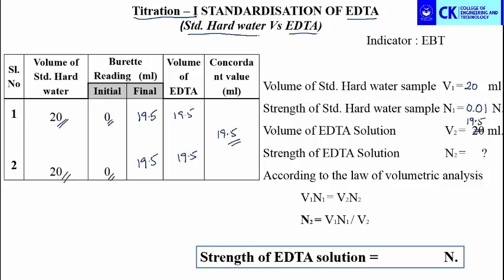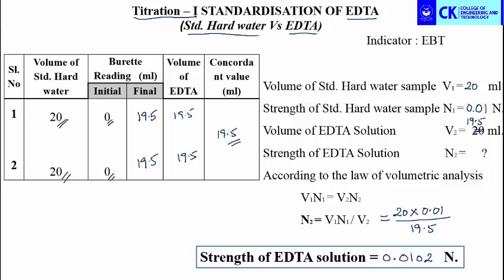We need to calculate this value to identify the strength of the EDTA solution. We have to calculate 20 into 0.01 divided by 19.5. With this we can calculate the strength of the EDTA. 20 into 0.01 divided by 19.5, we get the answer as 0.0102 normality.